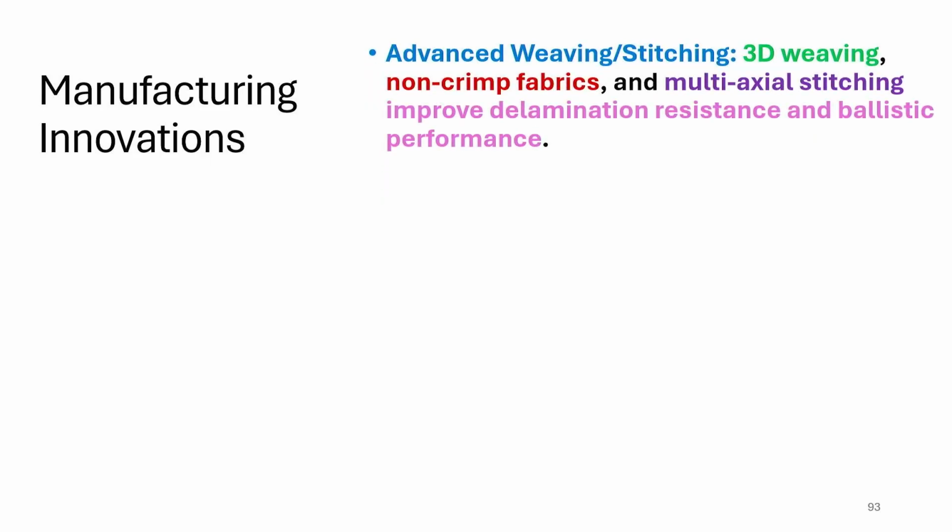So, there are different types of manufacturing innovations. Advanced weaving or stitching systems are there. Normally we produce 2D fabrics like plain weave and twill weave fabric, where the thickness of the fabric is very low compared to the other dimensions.